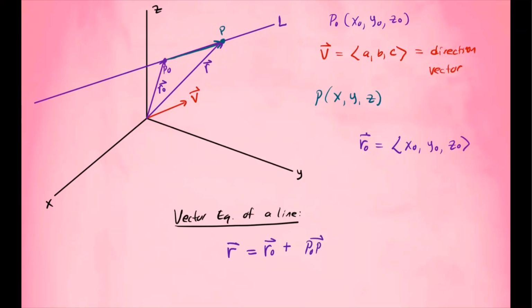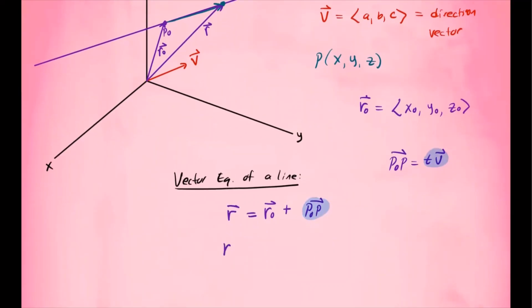Now, since that vector is parallel to the vector v, we can say that this vector P0 to P is some scalar times vector v. So I can simply substitute that in here, since they're parallel, and I have a vector equation of a line. So r, let's call it a function of t, is equal to r0, which you can think of as your position vector, plus t times the direction vector v.